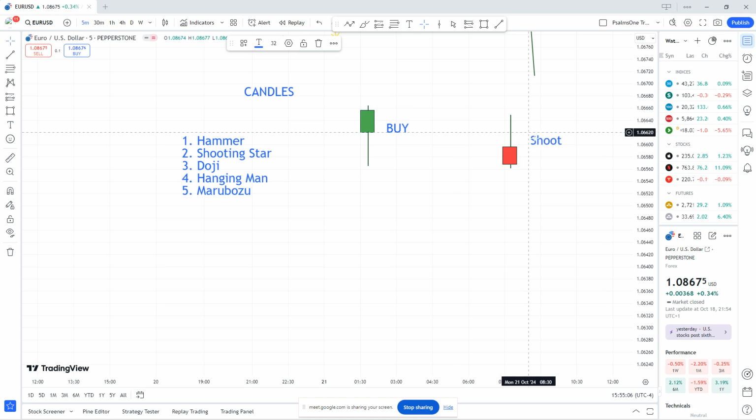And then the second one, this is the shooting star, because you know that for a red candle the close is supposed to be low, according to the last class. So it shows that the price opened here, this is the beginning. Maybe it first went up, and then a lot of people saw this price as very expensive and sold, pushing price lower and lower till it closed here.